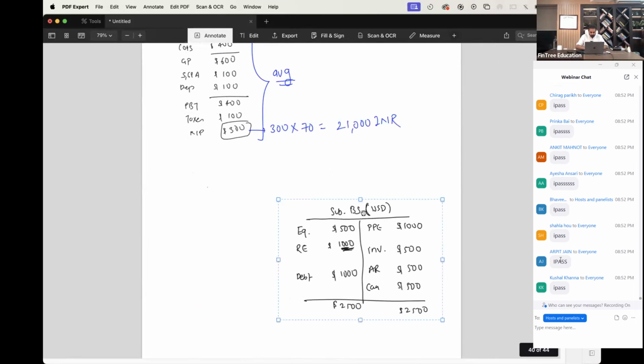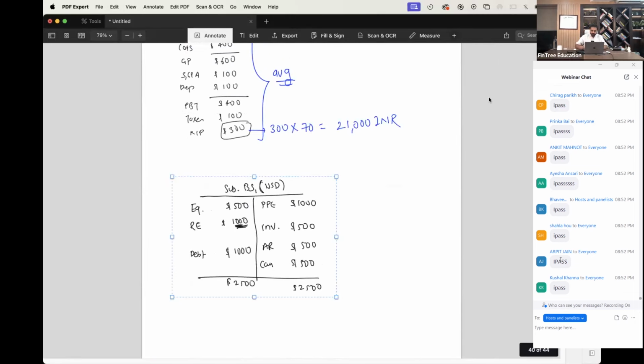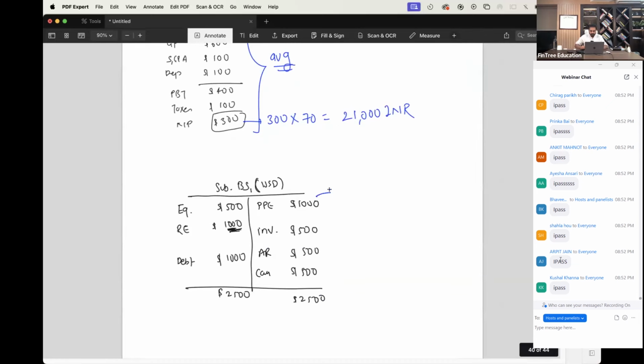Let's convert the balance sheet under the current method. PPE will be converted at what rate? Current rate. Inventory at current rate, accounts receivable at current rate, cash at current rate. So we're converting the whole asset side at the current rate.